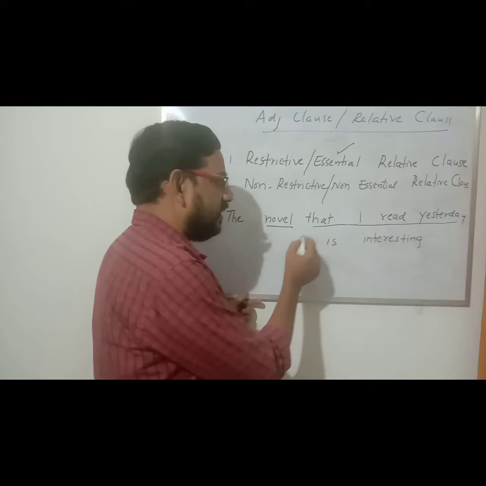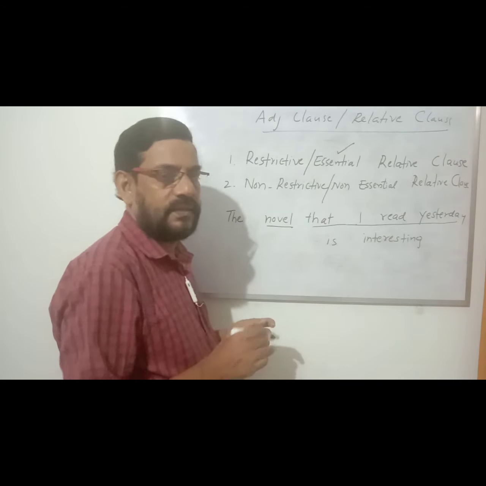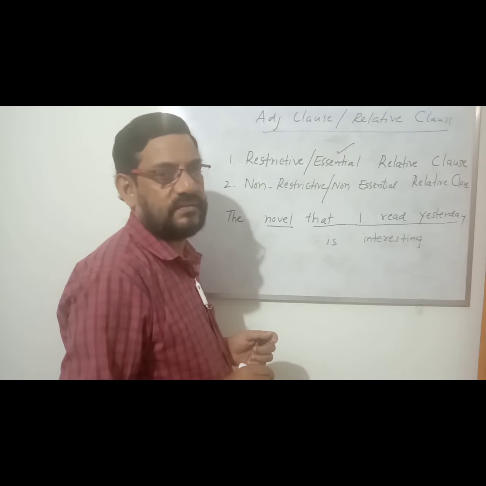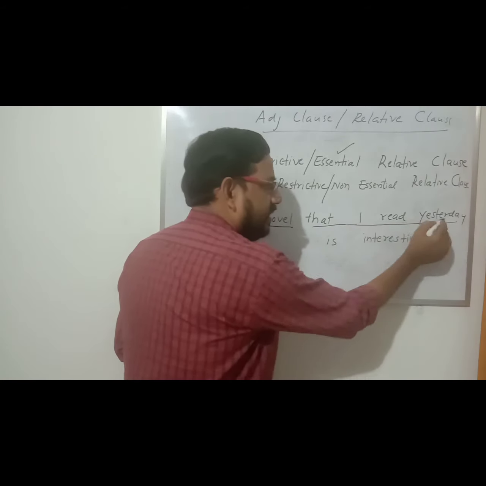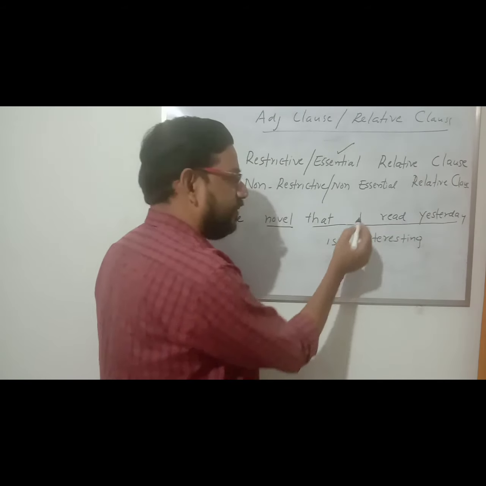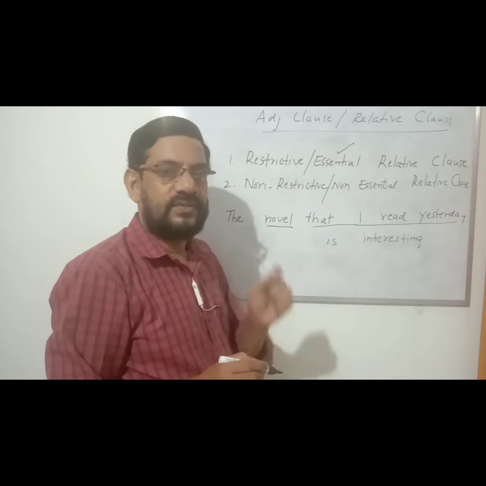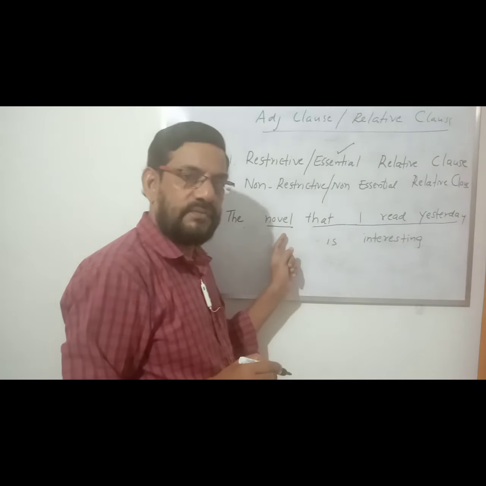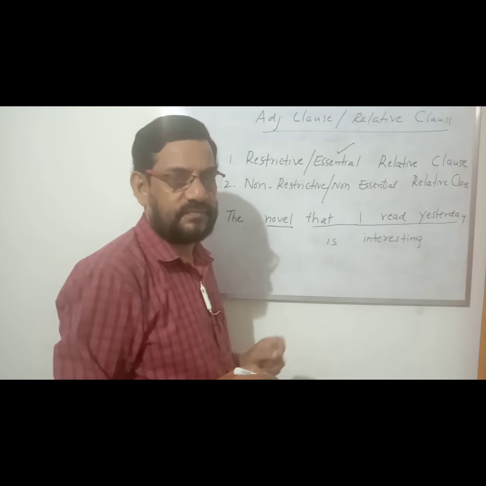So the novel that I read yesterday, that is a specific novel. That particular novel is very interesting. So what is interesting? The novel that I read yesterday. That I read yesterday. This part is essential in this sentence to convey complete sense. Otherwise, there will be confusion or the sentence will be senseless.